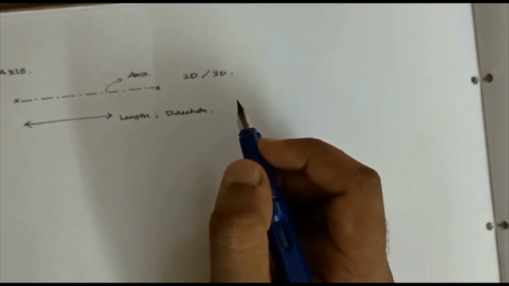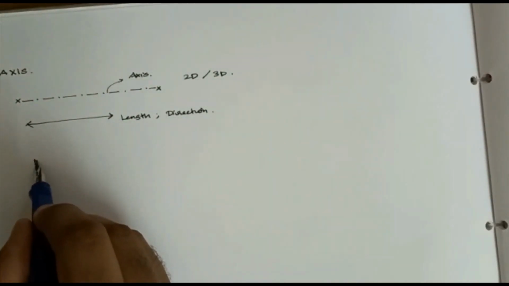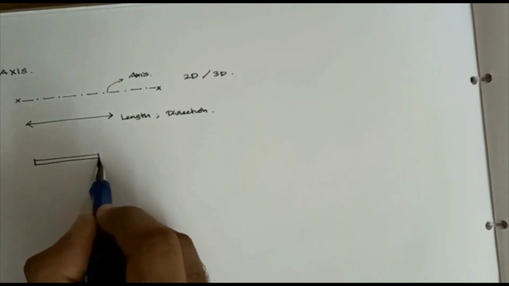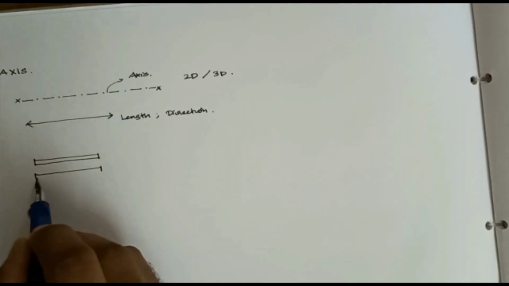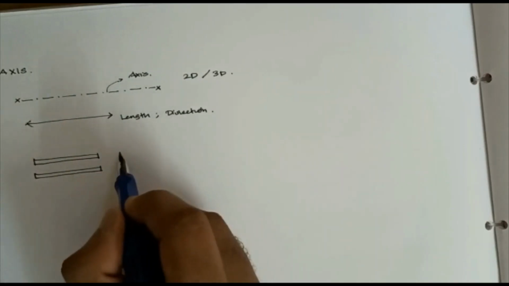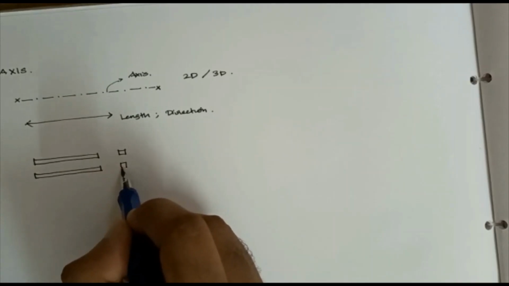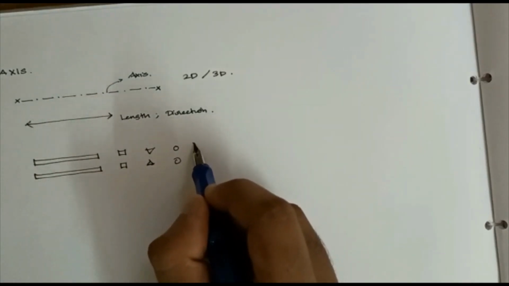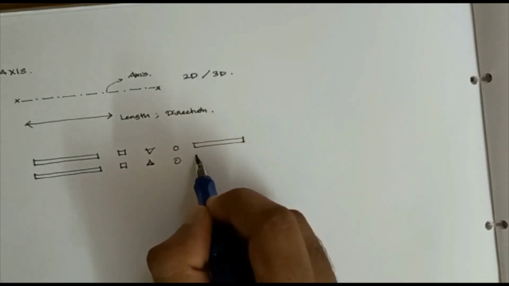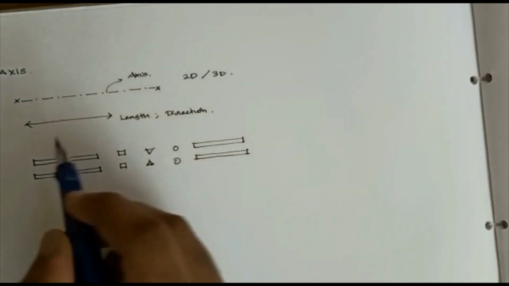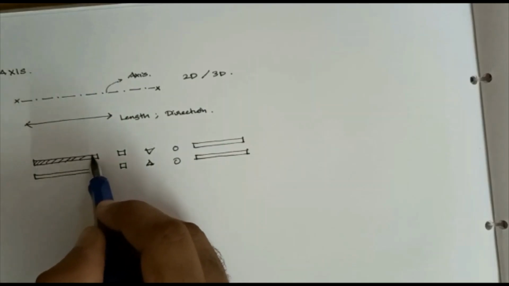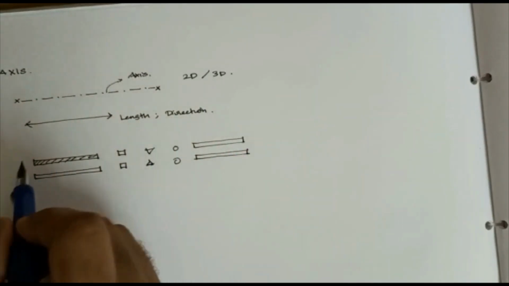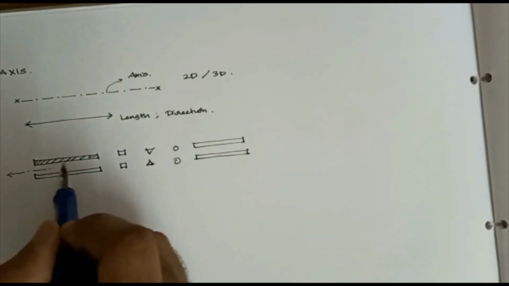And the next important point is we can organize things either symmetrically or asymmetrically about an axis. So I am drawing some symmetrical forms, and as you can see, an axis is automatically getting created.